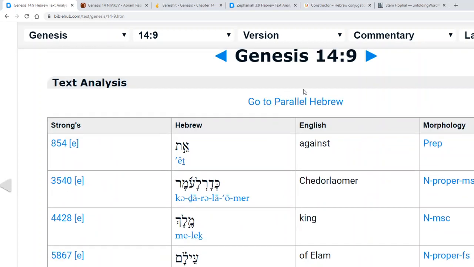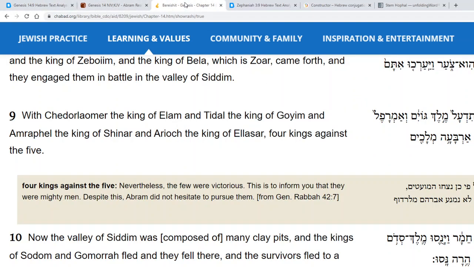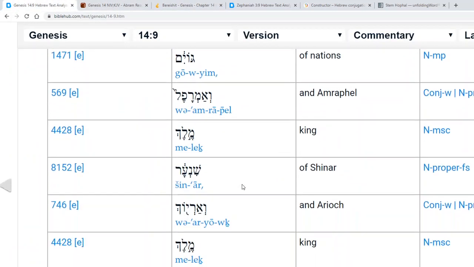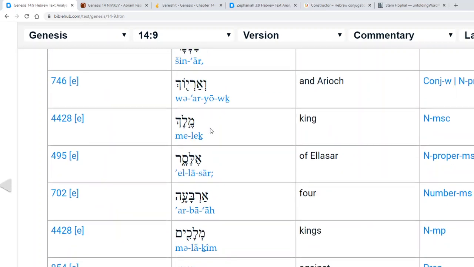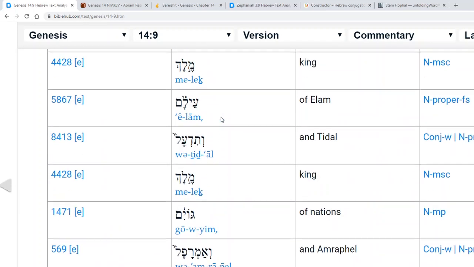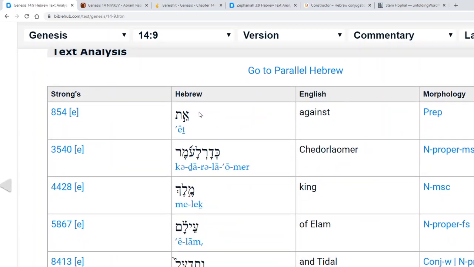Okay. Did we do? Did we? Arba Melachim. Let me just make sure I did. Okay. I'm not sure if I did this verse, so we're going to do it again.